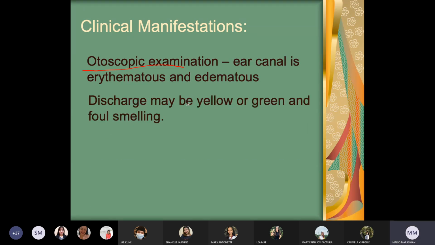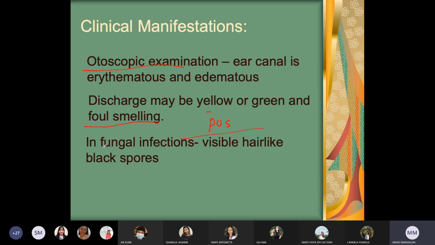Discharge may be yellow or green, following by foul smell. Okay? So kung yellowish na, sabihin meron na yung pus. Nagnanana na yan. If fungal infections, then there will be visible hair-like black spores when they look under otoscopic exam. Okay.